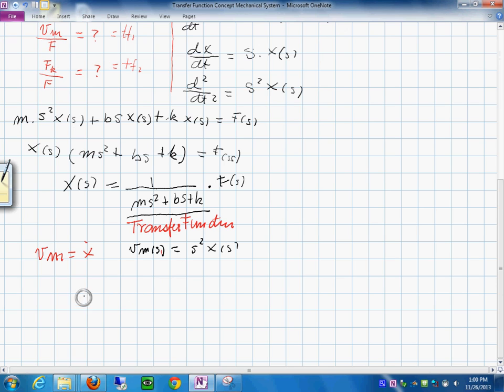So remember, this would be velocity of the mass divided by the input, right?